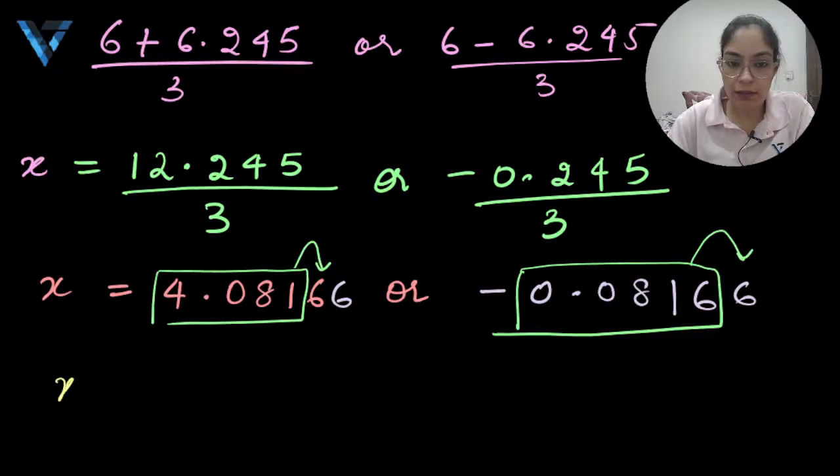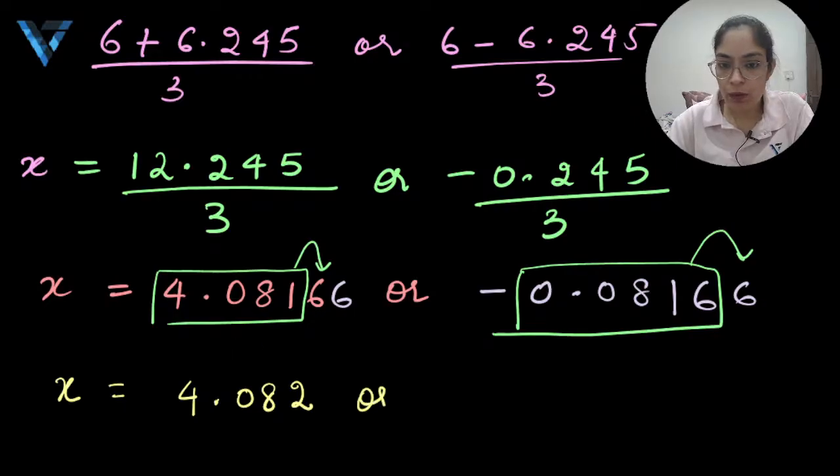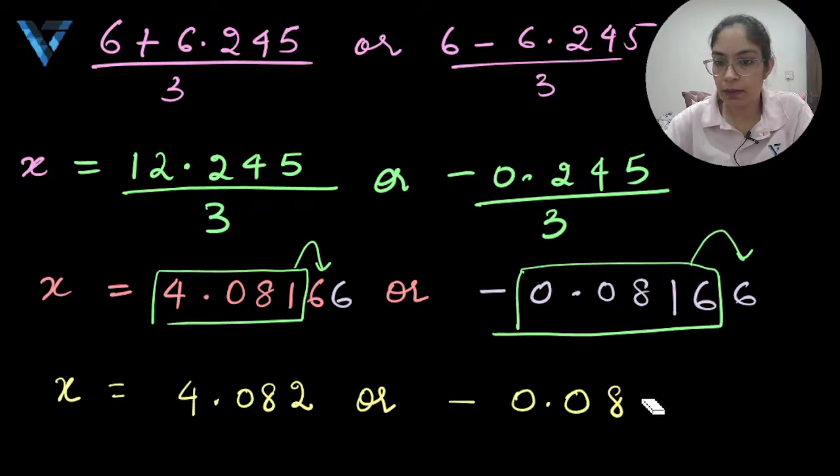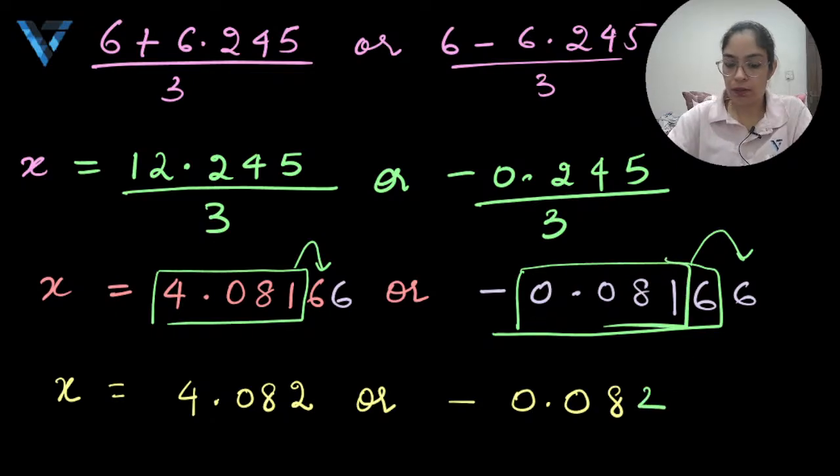So the final answer here will be x is equal to 4.082, or minus 0.082. Okay, up to 3 decimal places.